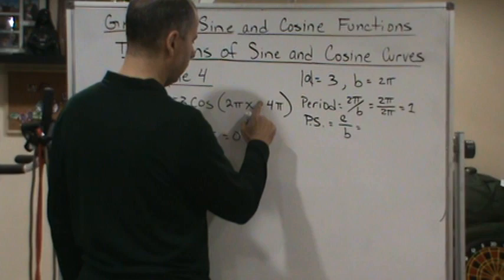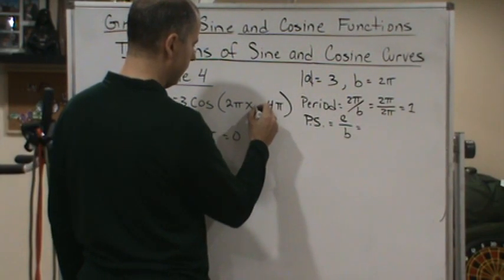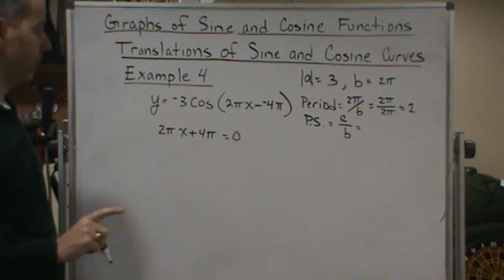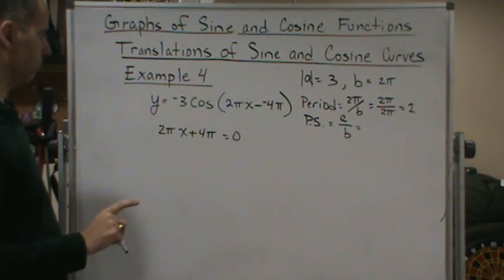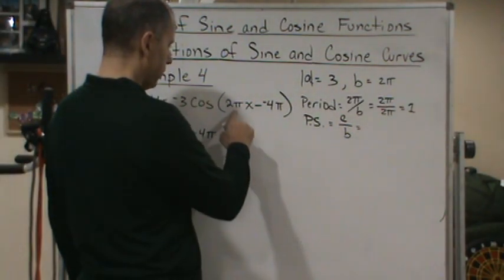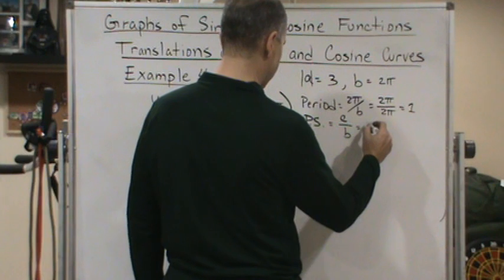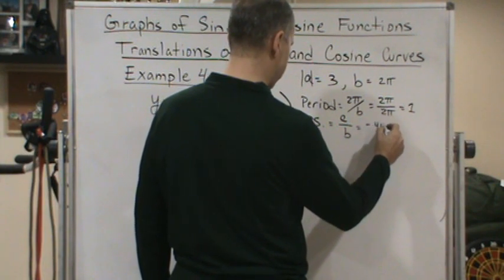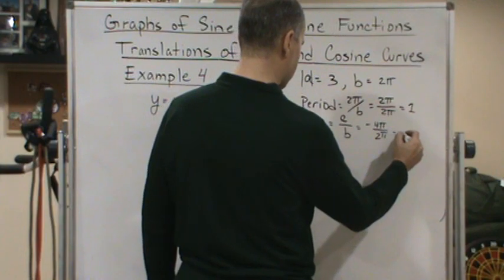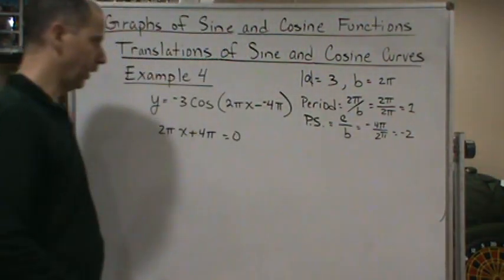now here, this is negative and negative, right? Because remember the form that it takes. So this is going to be negative 4 pi over 2 pi, which equals negative 2.